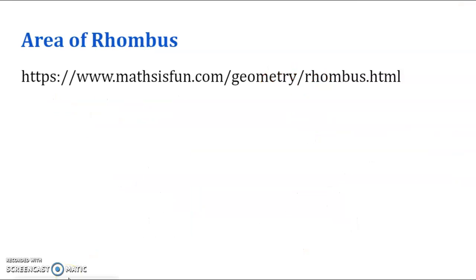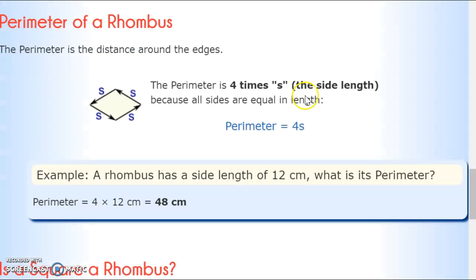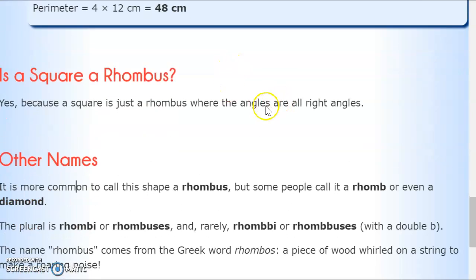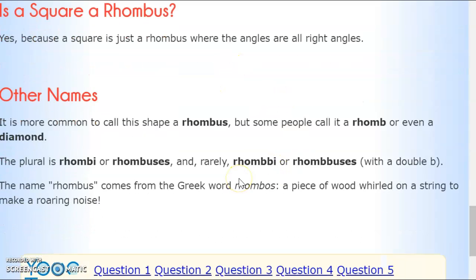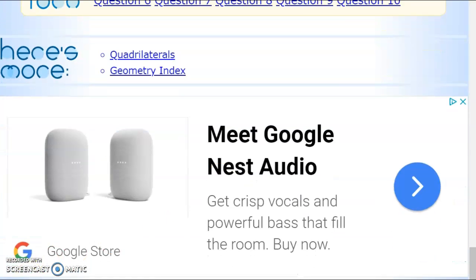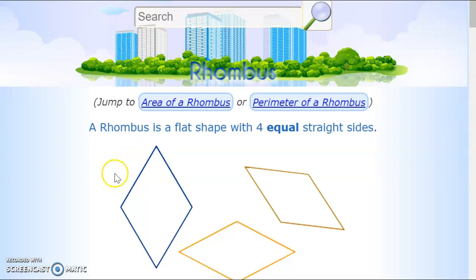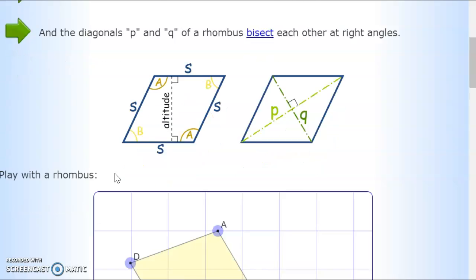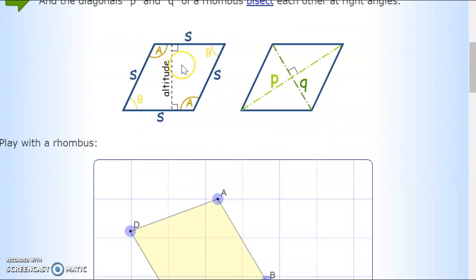Okay, what about the area of a rhombus? To do that, I'm going to refer you to this site. It's called Math is Fun. The perimeter of a rhombus, obviously, is just 4 times the side. But for the area of a rhombus, remember the rhombus is a flat shape with 4 equal straight sides. You can calculate a rhombus as a parallelogram because a rhombus is just a special type of parallelogram where all the sides are equal, and that is the same as base times height.